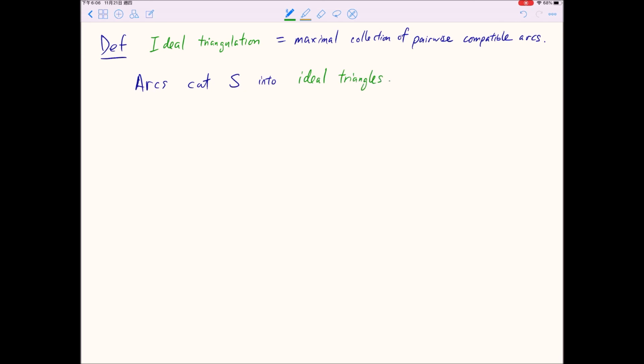So the word ideal really comes from hyperbolic geometry. In the next class, we'll realize these arcs as geodesics of the hyperbolic metric. And ideal triangles really just means that the three sides of your triangle will be given by geodesics. So as a remark here, we note that we will allow self-folded triangles.